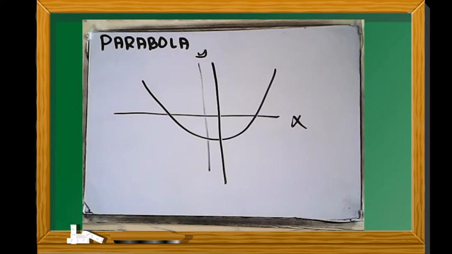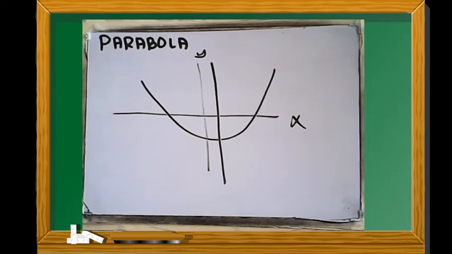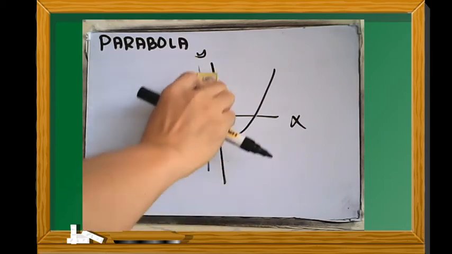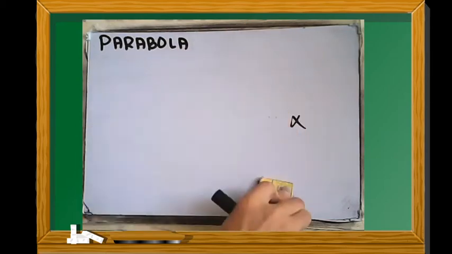It can open upward, downward, or sideward. It can be to the left or to the right. But in this example, we are going to focus on the most common parabola, which opens upward or downward.